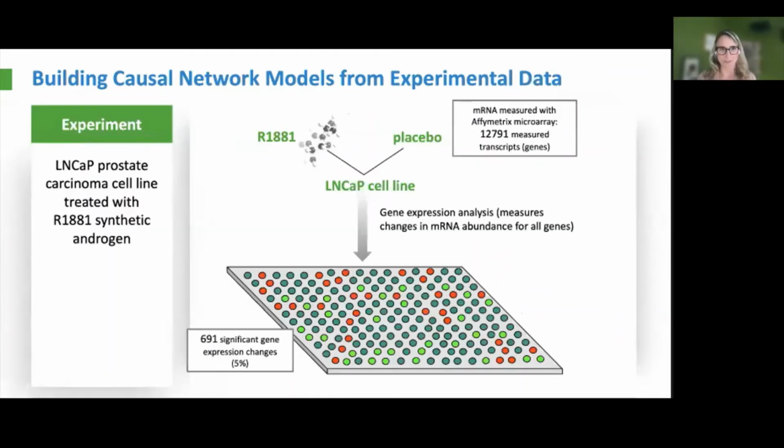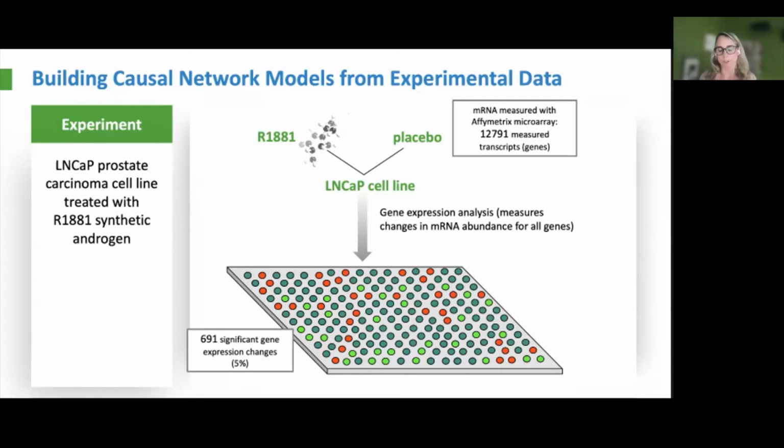I'm going to go through this fairly quickly, and we could talk later about any details, but an example of how this works is the following. This is the LNCaP cell line. It's been treated with a synthetic androgen. A microarray experiment was done comparing treated versus control.